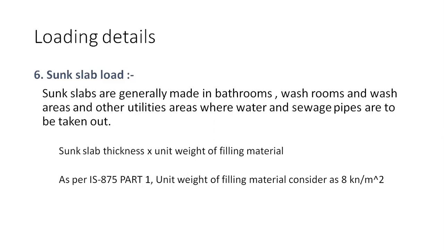And for that kind of filling material, unit weight is provided as 8 kilonewton per meter cube. The load of sunk slab is in unit of kilonewton per meter square and it is spread over the main slab.